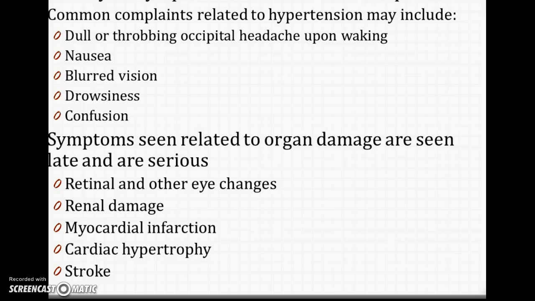Other clinical effects don't appear until complications develop as a result of vascular changes in target organs. These effects include left ventricular hypertrophy, angina, myocardial infarction, heart failure, stroke, transient ischemic attack, nephropathy, peripheral arterial disease, and retinopathy.